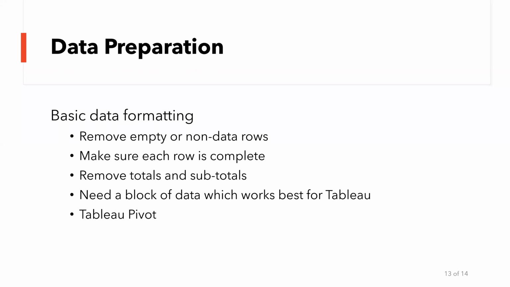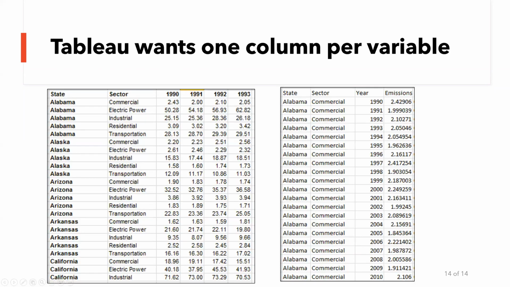You may not be able to get that data, but you might have to really look at the data and see if there is enough information to make it work for what you were going to look at. And if there are any totals and subtotals, you want to make sure you remove those. You really need to have a block of data, which works best for Tableau. And then we're going to talk about Tableau Pivot in just a second.